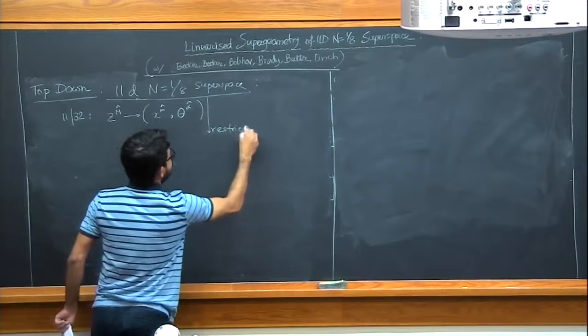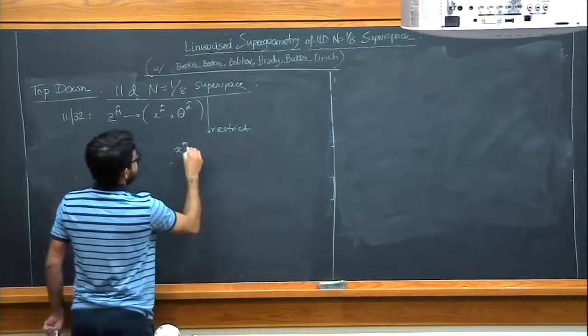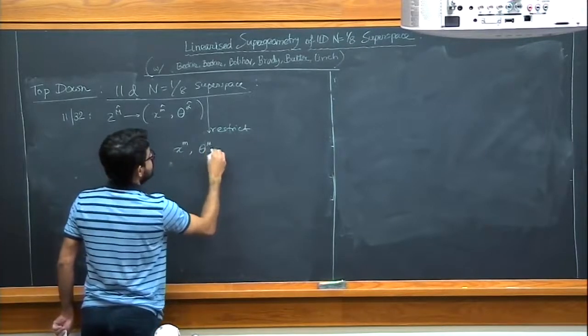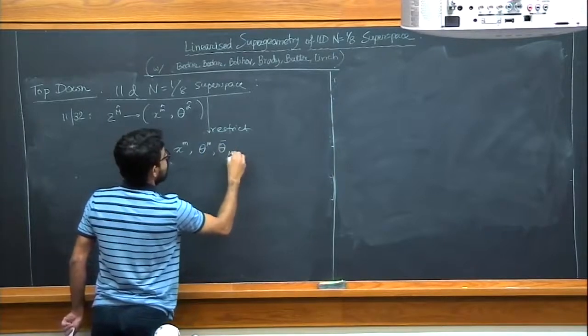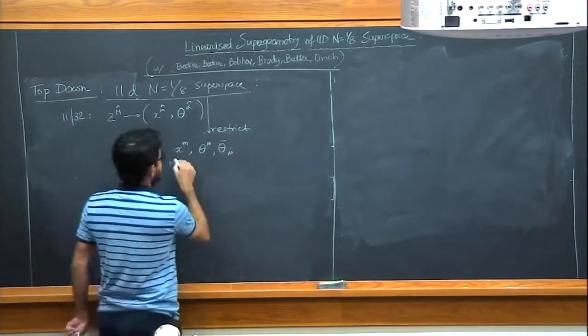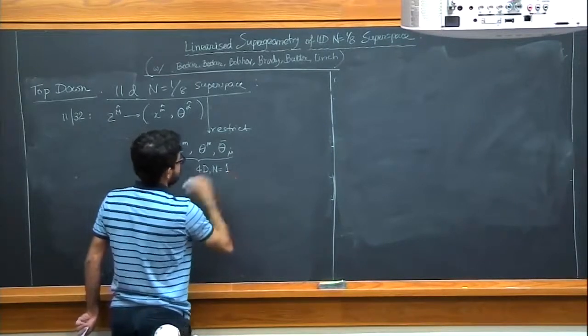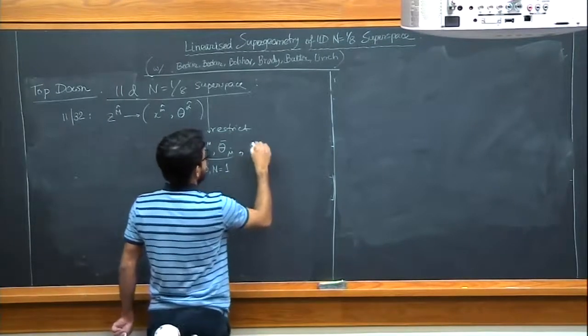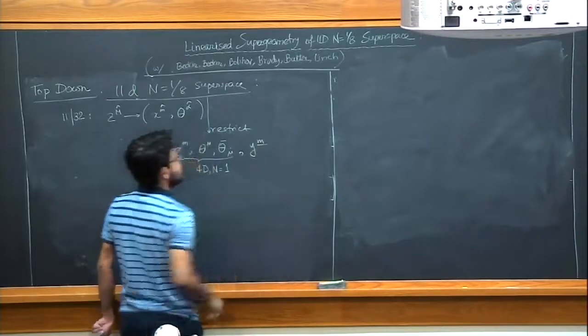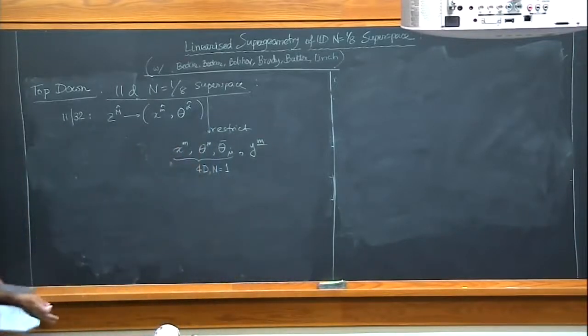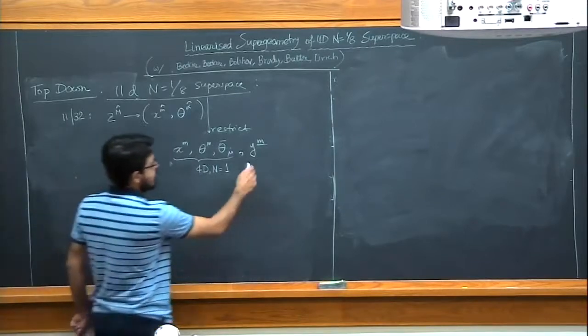to x^m, theta^mu, theta-bar^mu-dot. So these are the indices of 4D N=1. And we have some internal coordinates to parameterize the internal y manifold. Okay, so there is 7 of these.